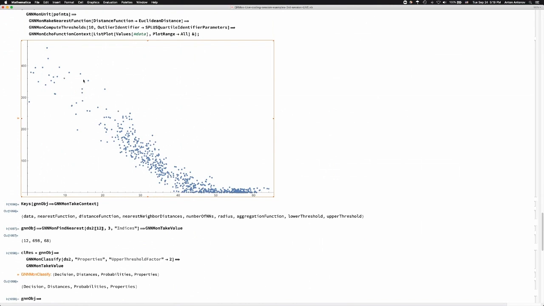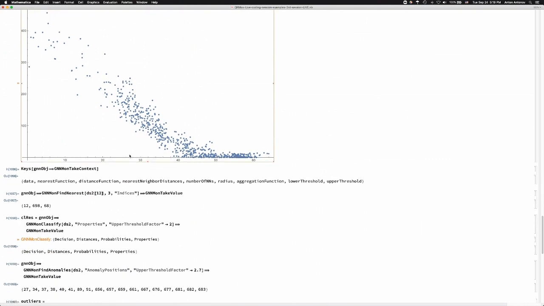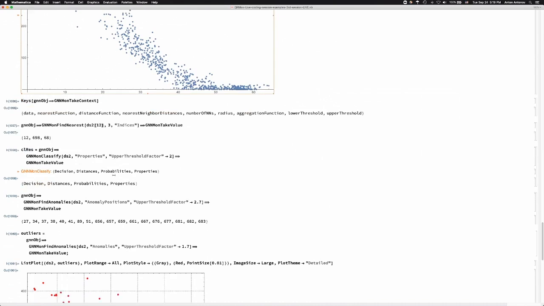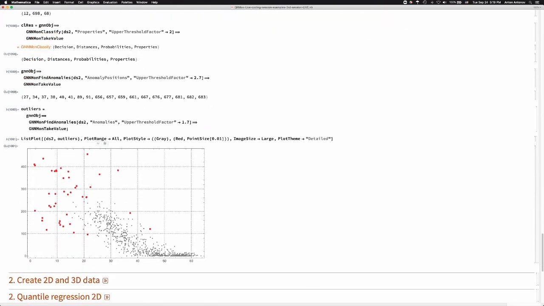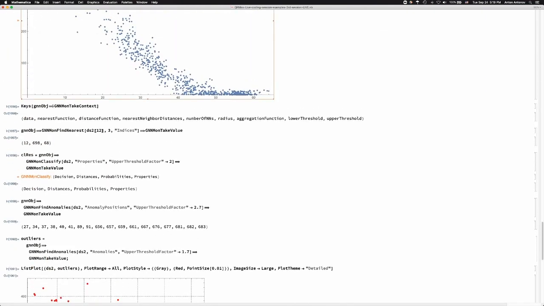When I scan the points, I'm going to find the average radius of the top 12 neighbors, and then use that to make a simple classifier, yes or no, of whether a point belongs to the distribution or not.